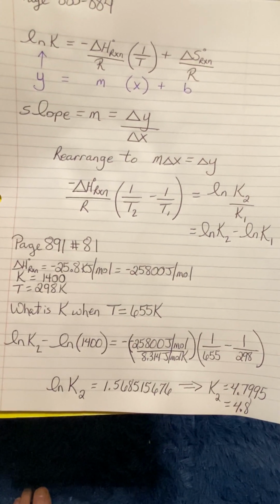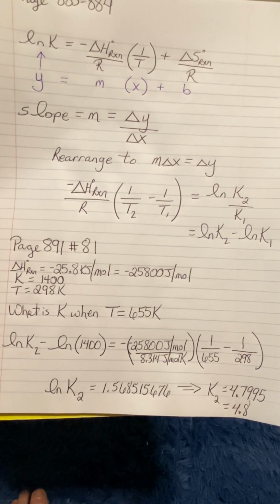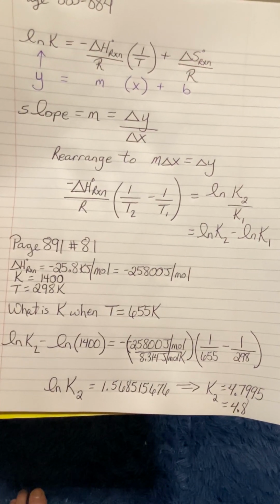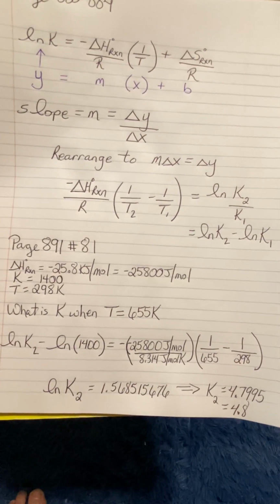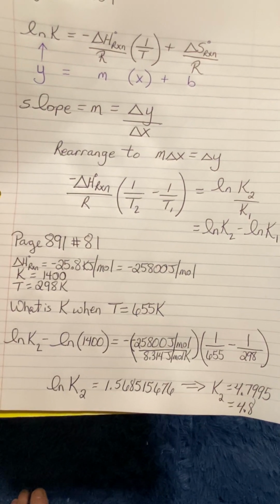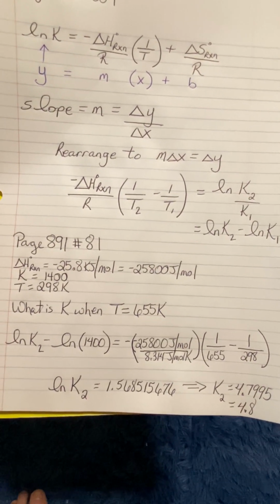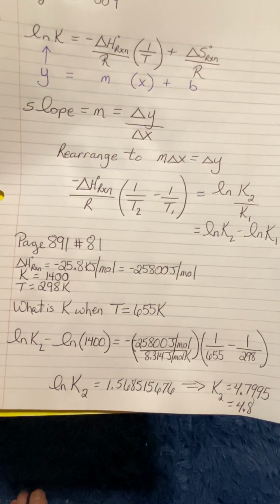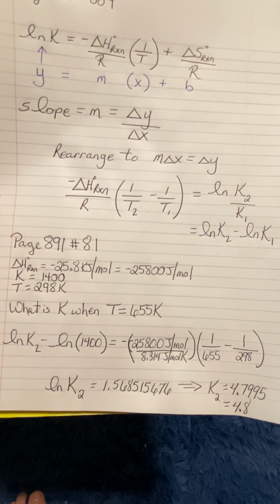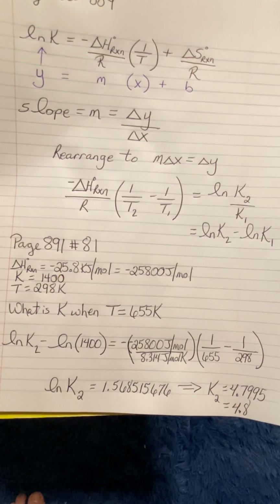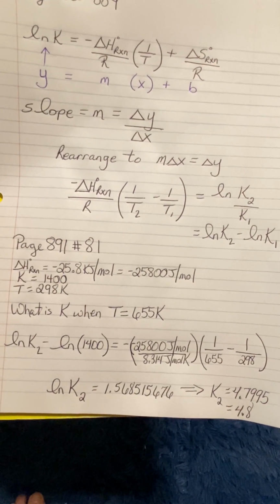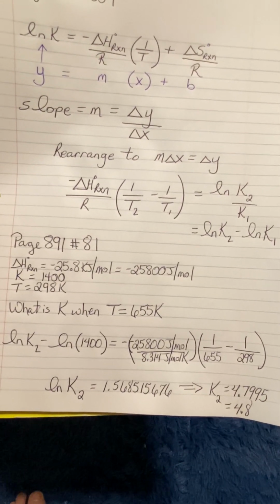It's set up, if you realize that equation is in slope-intercept form, y equals mx plus b. If you pull the slope out of that equation, and remember back to when you first learned what slope is, that is the change in y over the change in x, or the rise over the run.